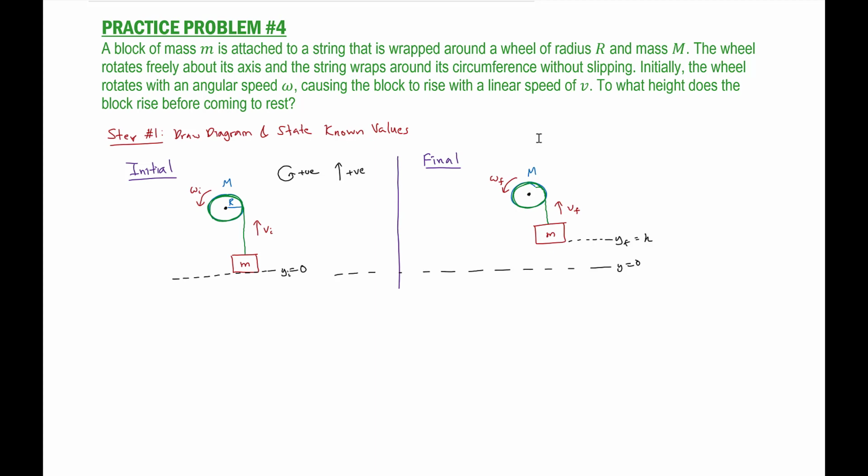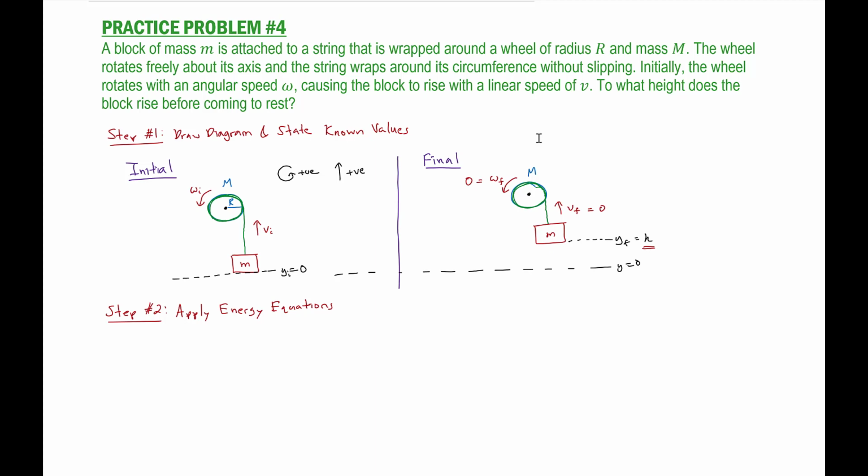So in step number 2, what we want to do is apply our energy equations. The main goal of this problem is to figure out what height the block rises to before coming to rest. So there are a few assumptions we can make, and that means vf is probably going to be 0, and omega f is also probably going to be 0.